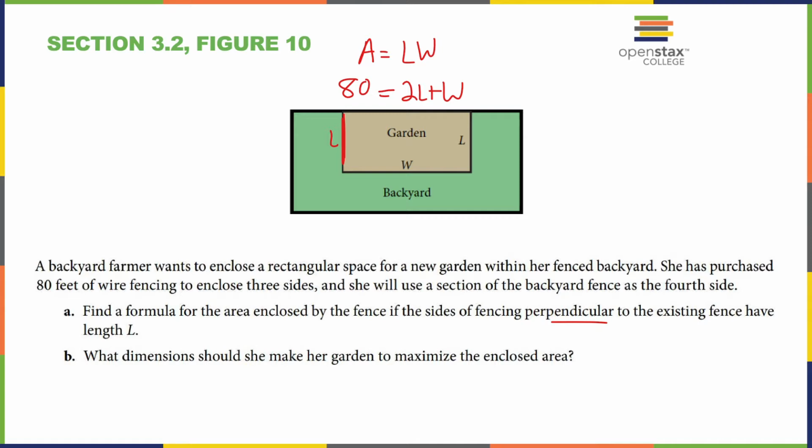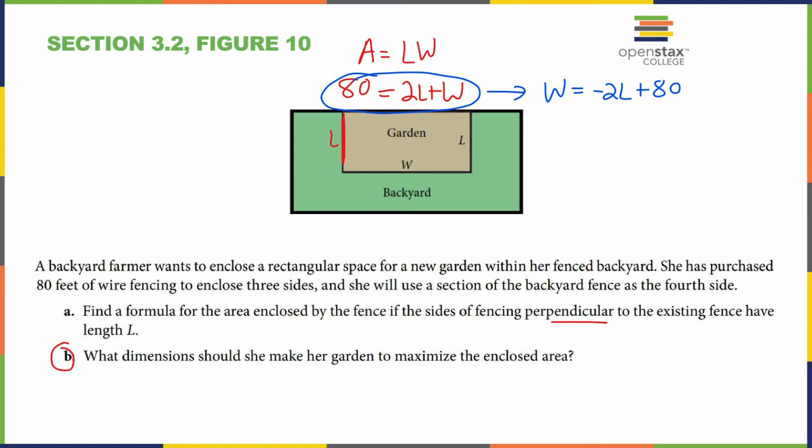Now, how do these two pieces of information combined allow us to solve for part B? What dimensions she should make her garden to maximize the enclosed area? Well, in a problem like this, I want to make the area a quadratic function. In order to do that, I'm going to take my 80 equals 2L plus W and make it W equals negative 2L plus 80.